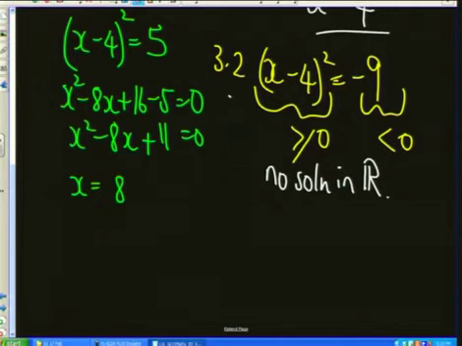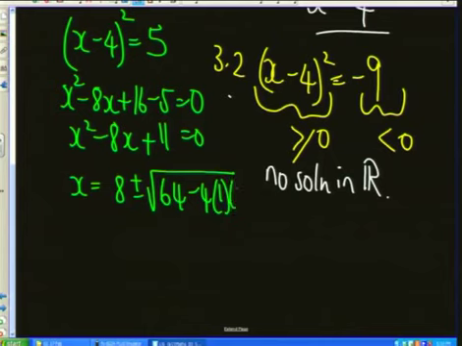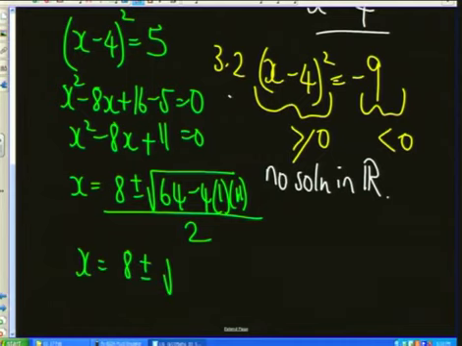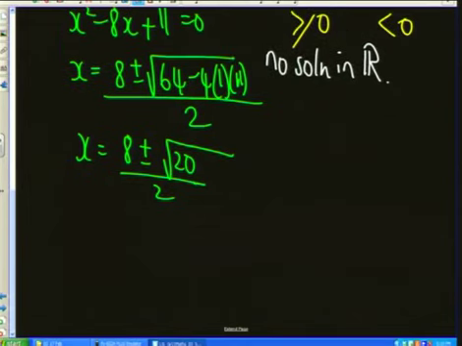So it's 8 plus or minus the square root of 64 minus 4 times a and c, and I've got it all over 2. So I've got x equals 8 plus or minus the square root of 64 minus 44, which is just 20, over 2. And the question was to find it in simplified surd form.